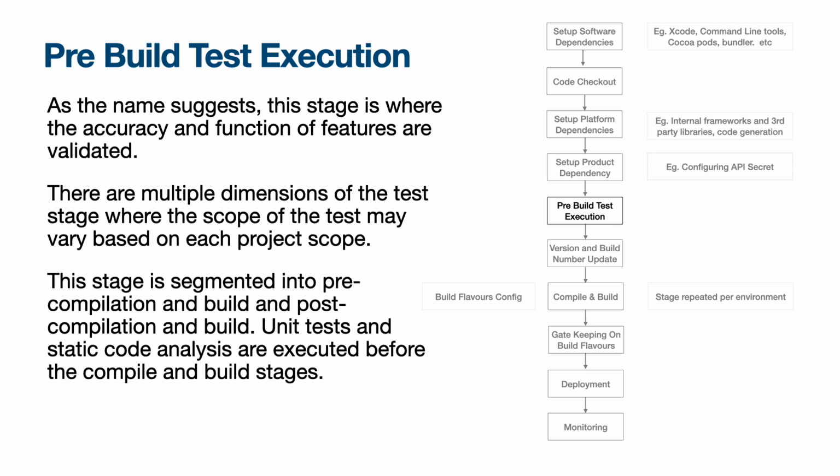Accuracy and functioning of features, as well as the sanity of the code, can be validated by running the unit tests and static code analysis on a single environment. As we change the environment, it is only the configuration that gets changed. Therefore, writing automation tests only to validate that configuration change will be enough for different environments.